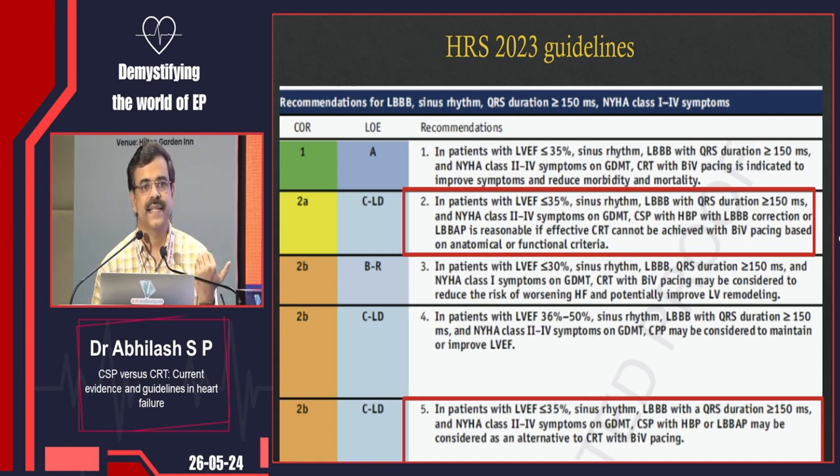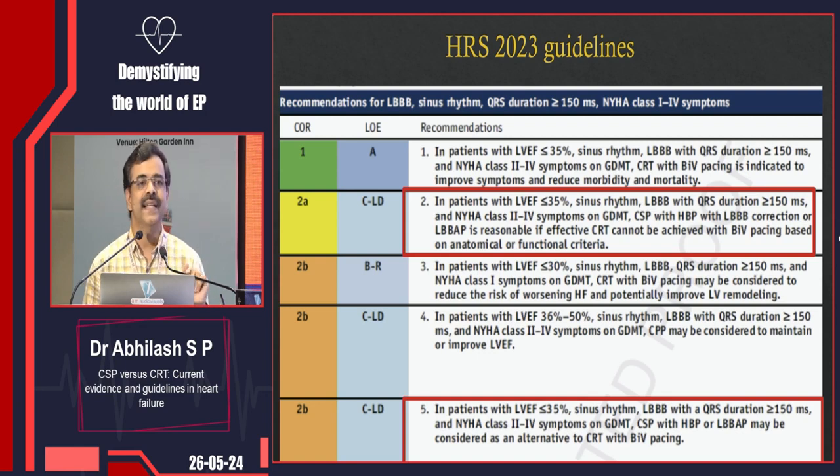But we know there is a subset where you do not have a functional or anatomical good coronary sinus lead position, where conduction system pacing is a class 2A. So we can do it if your coronary venous anatomy is not good.